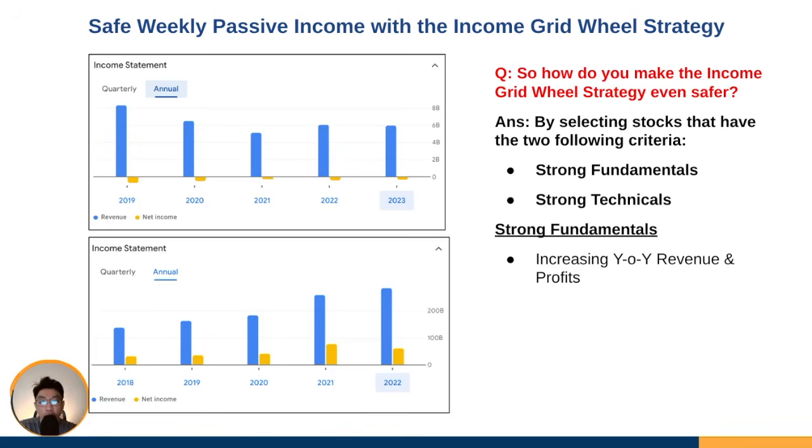Right, so the first one is strong fundamentals. Now, there are many ways for you to determine what's a strong fundamental, and there's actually many criteria as well. Well, I'm not going to go into all of them, right, because this is mainly about trading. So the most important thing that I actually look out for is increasing year-on-year revenue and profit.